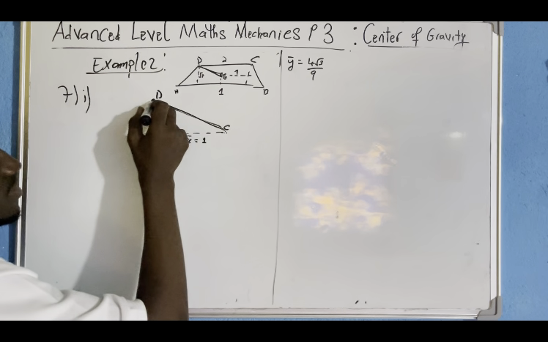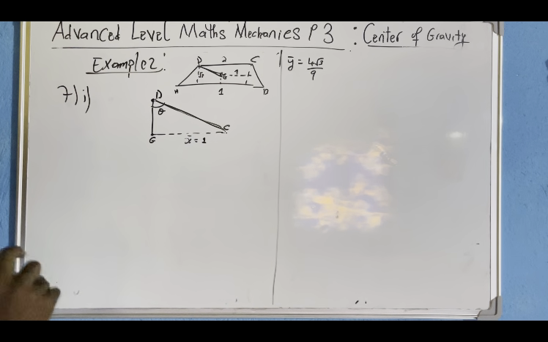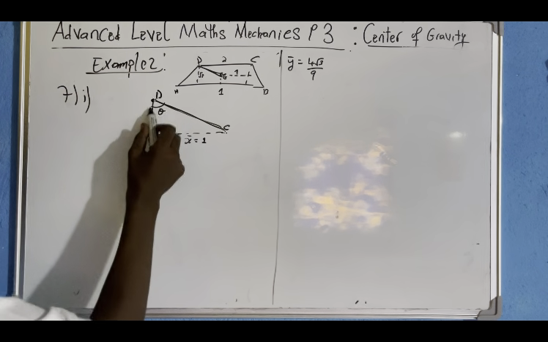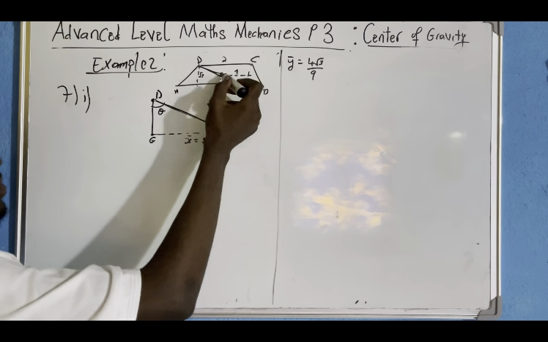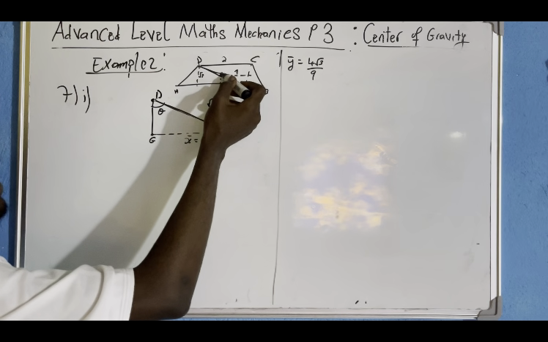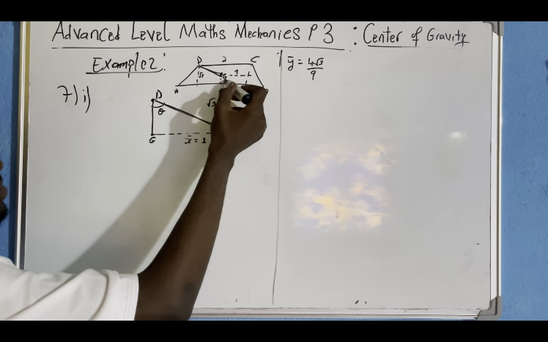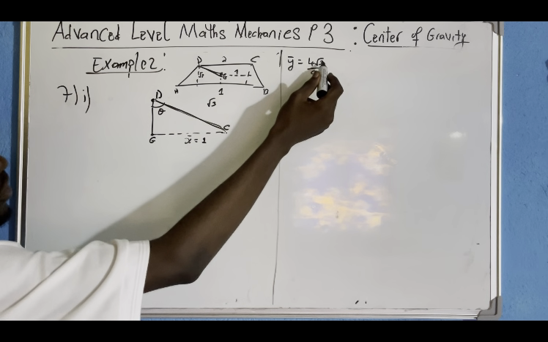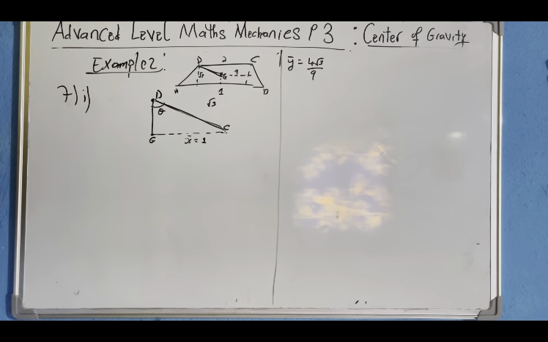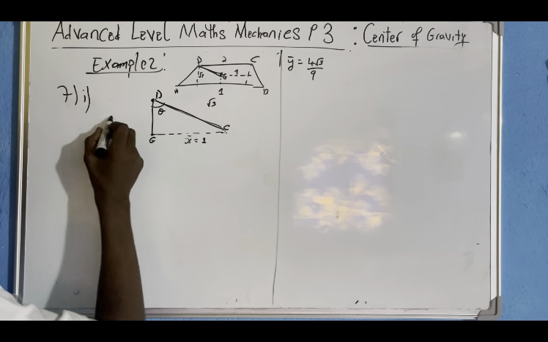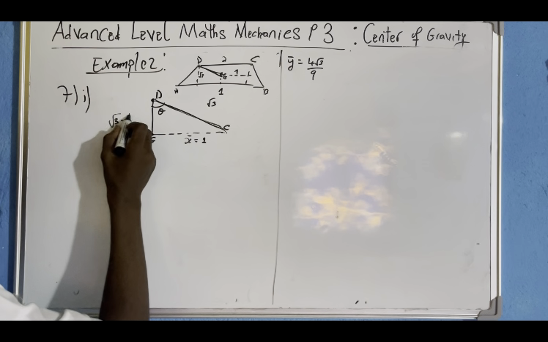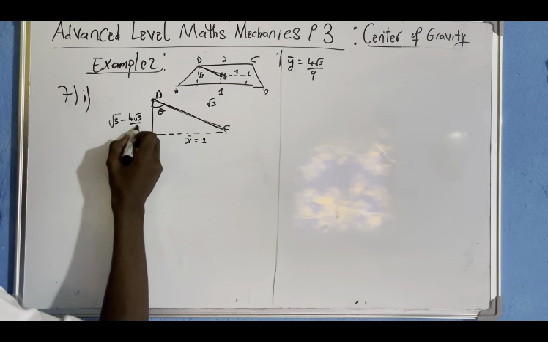Now the other side. To get it, we know that the height from here to here is root 3. The height from the center of mass to the base AB is 4 root 3 all over 9. It means that from the center of mass to the top, I should take root 3 minus 4 root 3 all over 9.